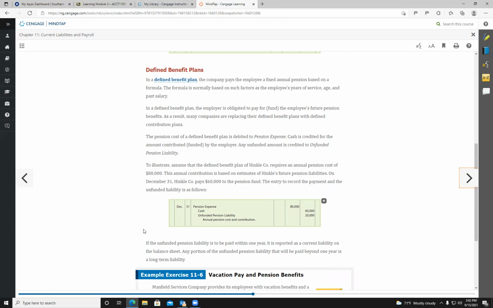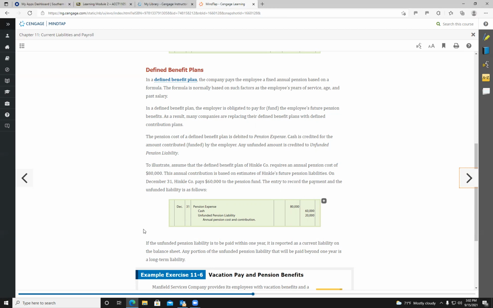On December 31st, Hinkle Company pays $60,000 to the pension fund. The entry to record this is they expense the total $80,000, the required annual pension cost. It shows the $60,000 that they actually paid on December 31st, and the remaining $20,000 is recorded under an unfunded pension liability.